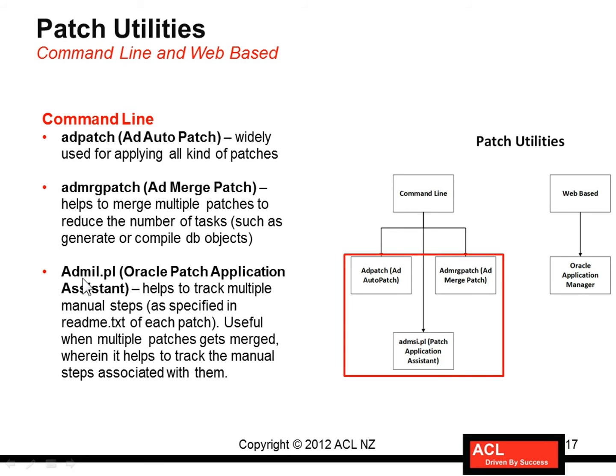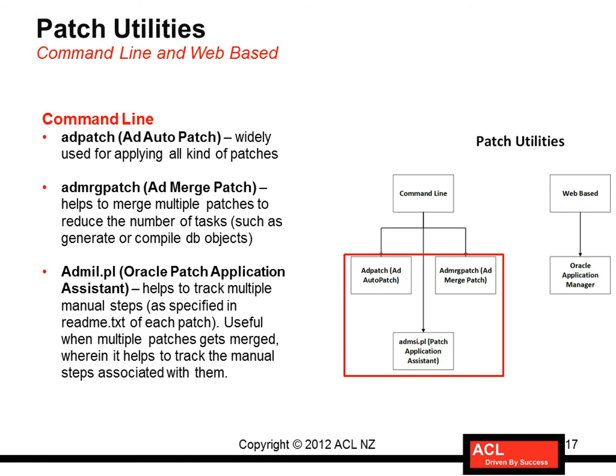Then Oracle Patch Application Assistant, or Admrgpl, helps you to track multiple manual steps as specified in the readme.txt of each patch. Now, as you would recall, in the previous movie we have seen what exactly is there in the readme.txt. Basically it contains the instructions for running the patches.